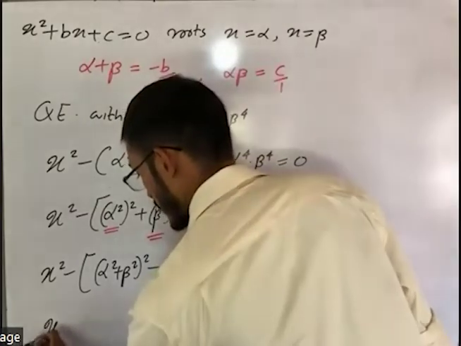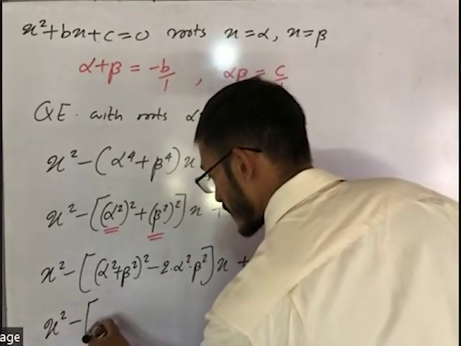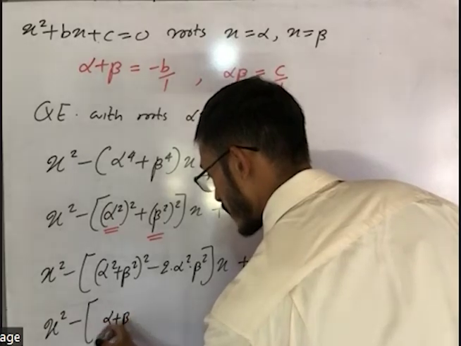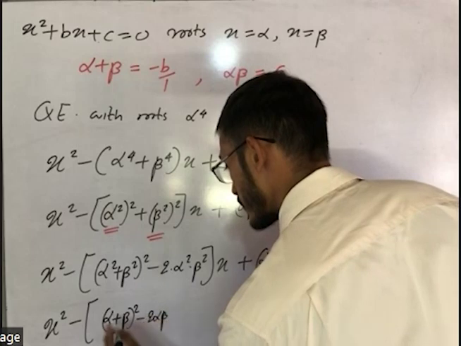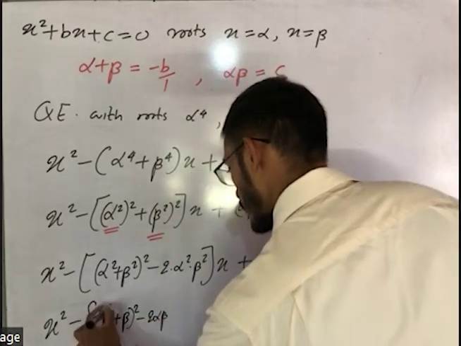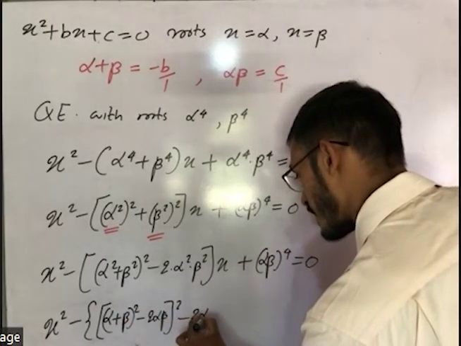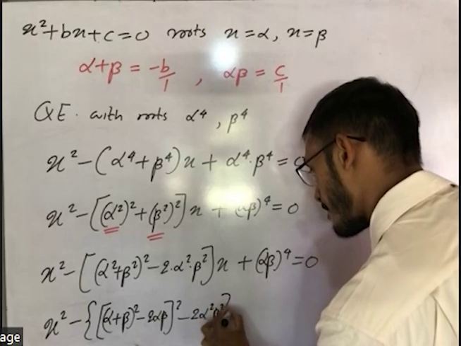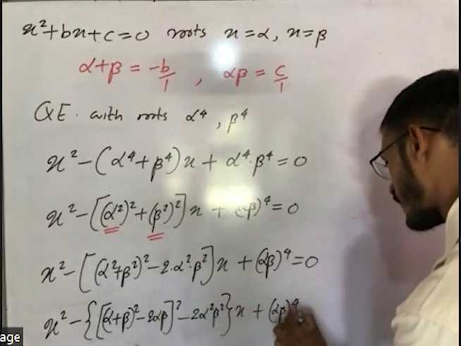So here x square minus alpha square plus beta square, that we can write as alpha plus beta square minus 2 alpha beta, square, minus 2 alpha square beta square x plus alpha beta to the power 4 equal to 0.